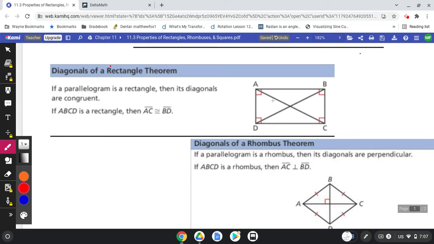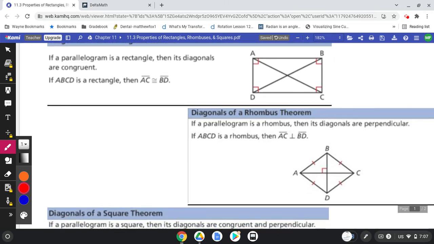Anytime we have a rectangle, the diagonals not only bisect, that is true about all parallelograms, but the diagonals would also be congruent, meaning from A to C is the same as from B to D. Or you could say CA is the same as DB. Now there's no mark here, but if I would put a mark here and call it M, AM, BM, DM, and CM would all be congruent. That is the case because they bisect each other, and if the diagonals are the same, that means if they're both bisected, it'll be the same distance on each of the four parts.